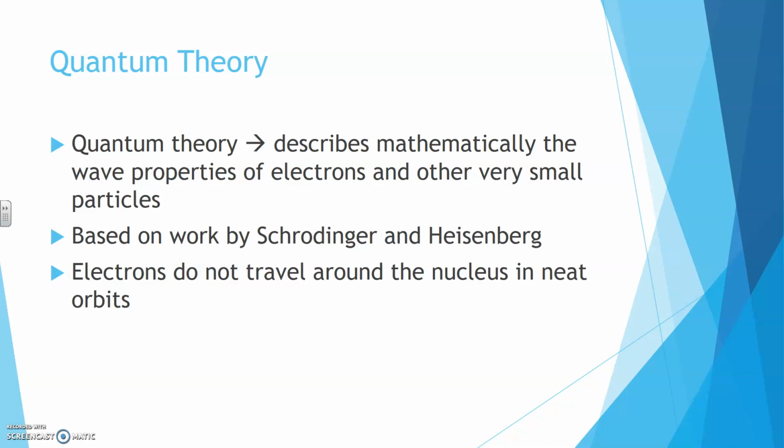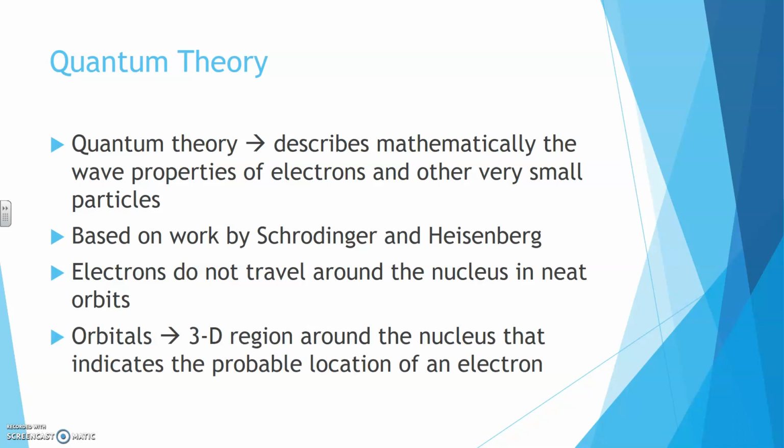That's where these electron shells came from. The orbitals are those 3D regions around the nucleus that indicate the probable location of an electron. We often use orbitals and shells interchangeably.